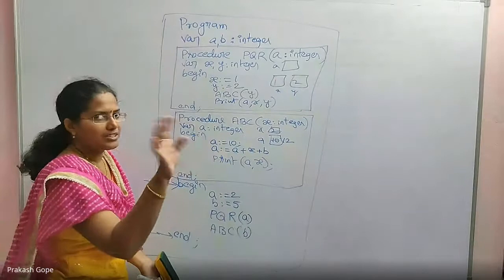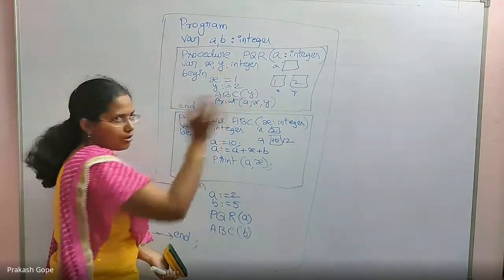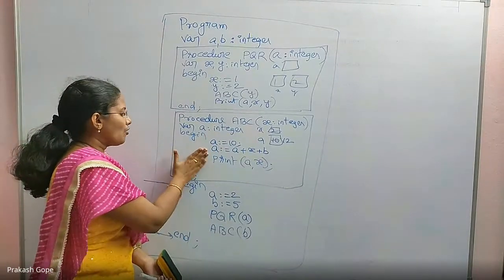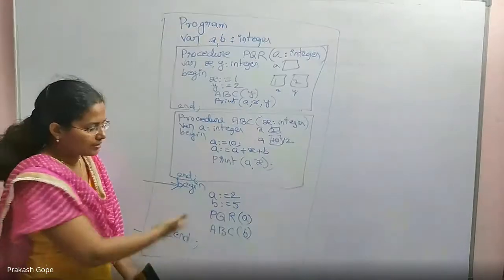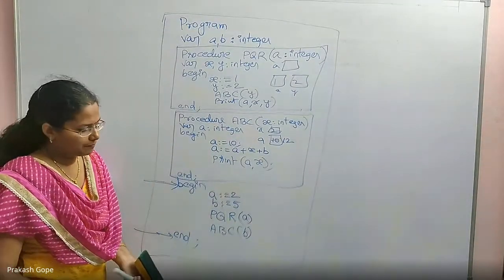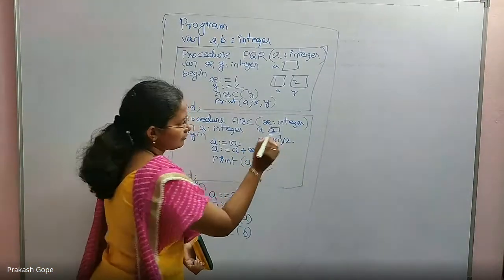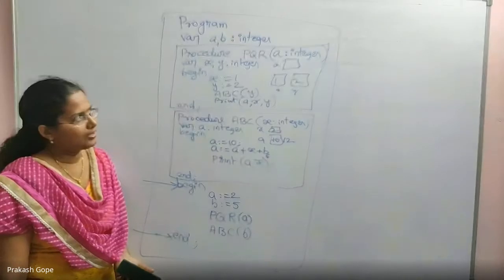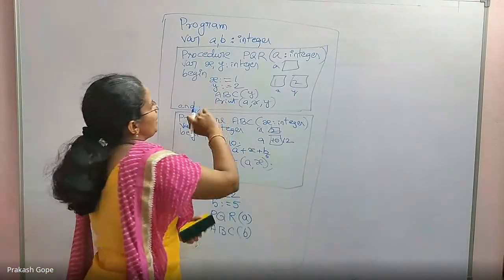You may have, for example, variable B here also, but this B we are not using here because for this block the outer block is the global program. You will access the global program's B, which is 5, and then accordingly you will calculate. Okay. For example, I have B here also.